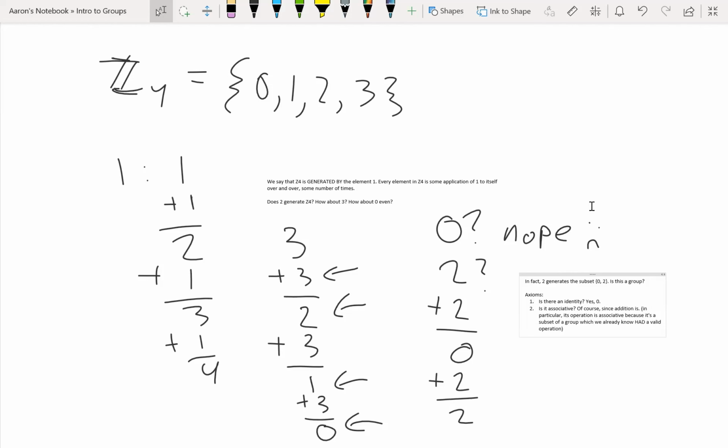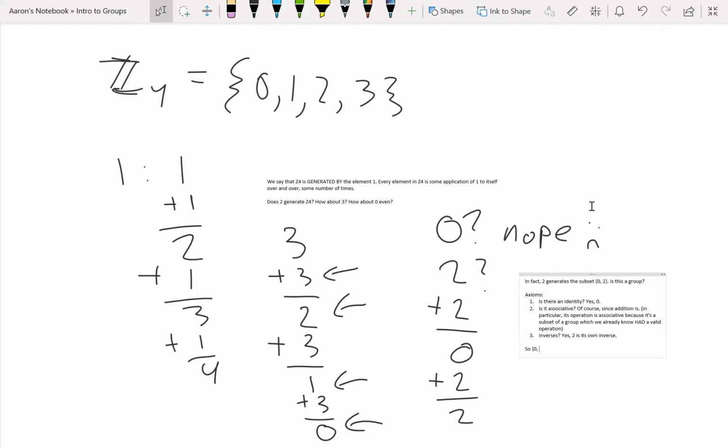We're keeping the operation of the main group, so that operation is still going to behave nicely. Inverses, yes, 2 is its own inverse.